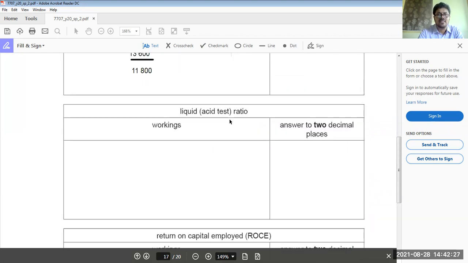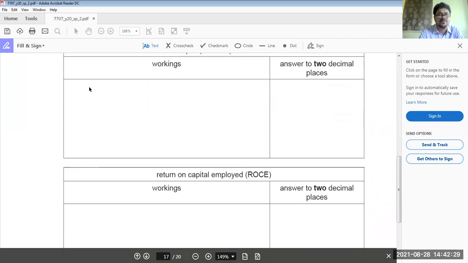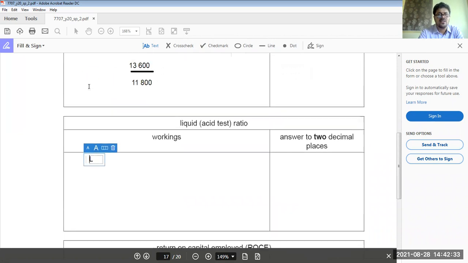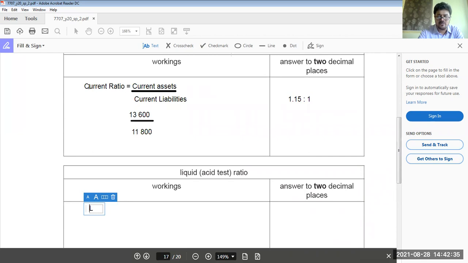Now, next is quick ratio, liquid test, liquidity ratio, or acid test ratio. So, what we have to write over here? Acid test ratio: quick assets divided by current liabilities.